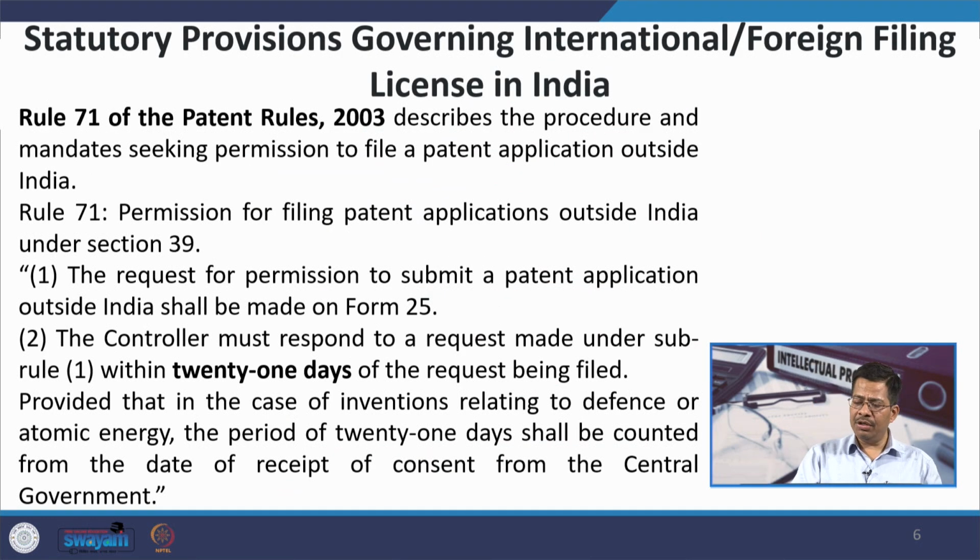So, one was Rule 39, where we discussed how we need to first file the patent in India, and then we discussed this FFL system, with the different conditions under which you can have a provision of getting direct FFL, and with that you can go for international filing.